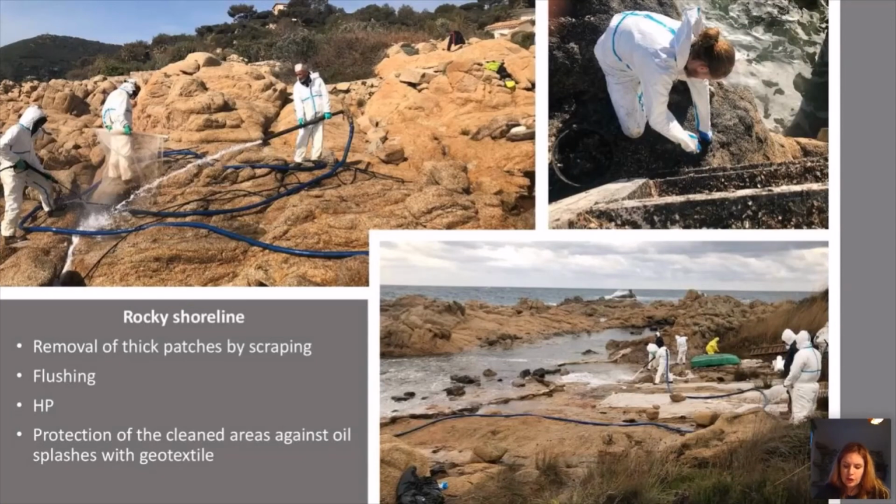On rocky shore, the cleanup was done again in a very classical way, first by removing any accumulation, scraping those accumulations off, and then a combination of flushing and high pressure. And you can see in the photo the use of geotextile to protect some cleaner areas from oil splashes during the cleaning.